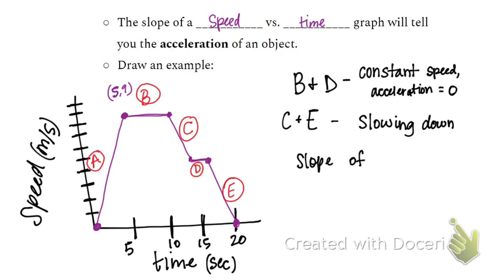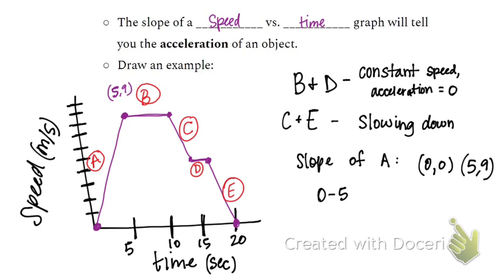Let's find the slope of section A. What are our points for section A? 0, 0, and 5, 9. What order do you want to put those in? 0 minus 5, and then 0 minus 9.